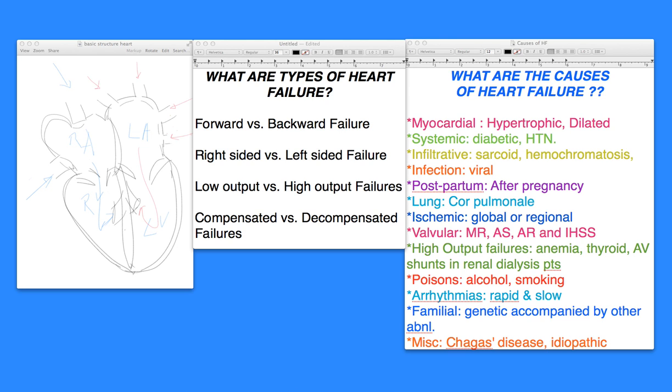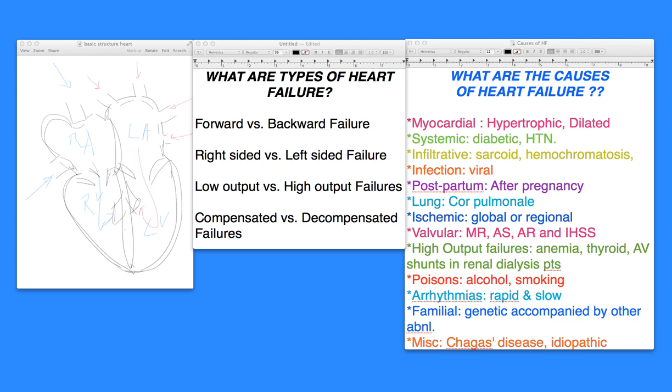And a backward failure would be where there is mitral regurgitation of a severe nature, so the valve just sends the blood backwards into the left atrium, then into the pulmonary circuits, and then into the lungs. So there is a backward type of failure here. So when the blood is returning back regurgitantly, I think one could call it a backward failure.